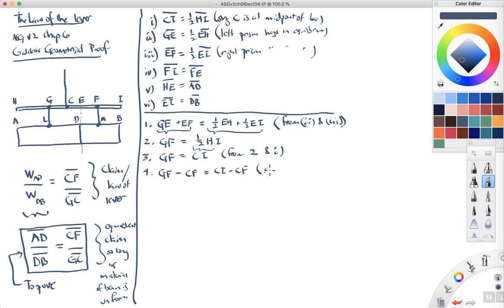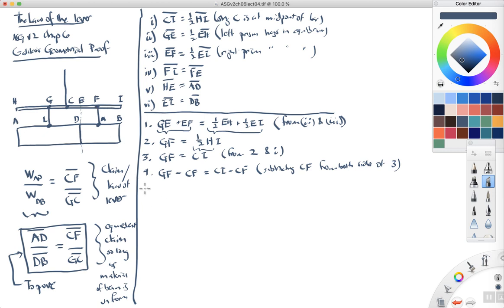Basically subtracting CF from both sides of equation 3. Okay, so we're saying that if you take this length and you subtract this length, you're left with this length. And likewise, if you take CI, that length, and you subtract CF, you're left with FI right there.